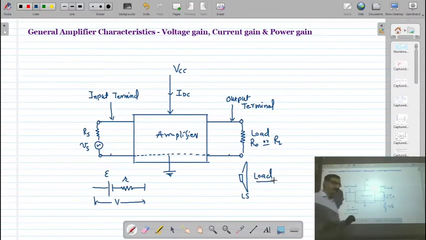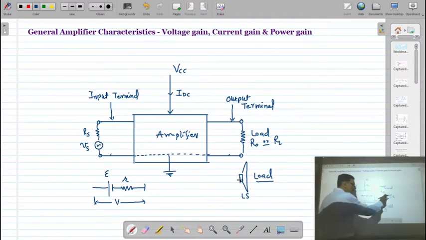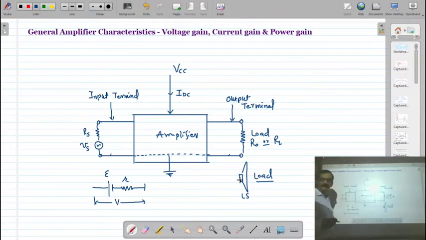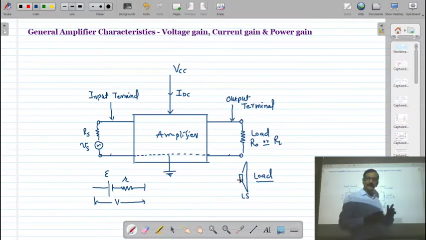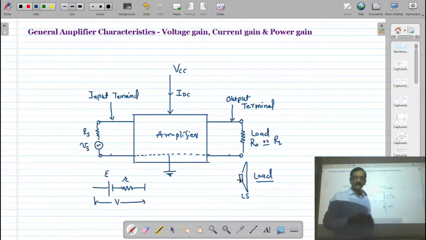And the loudspeaker again is made up of a coil. There is a coil, and the resistance of the coil is known as the load resistance. So here the load doesn't always mean a resistance. Where the power is going to be dissipated, that is a load. Sometimes in the output of the amplifier, we connect a motor. When you want to increase or decrease the speed of the motor, the motor is connected instead of a load.